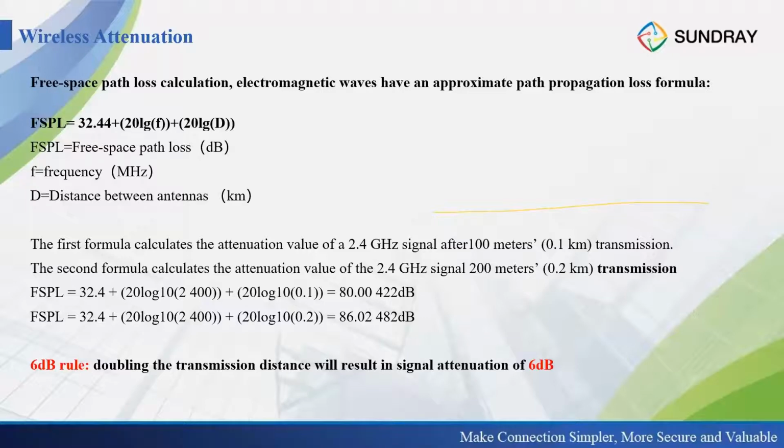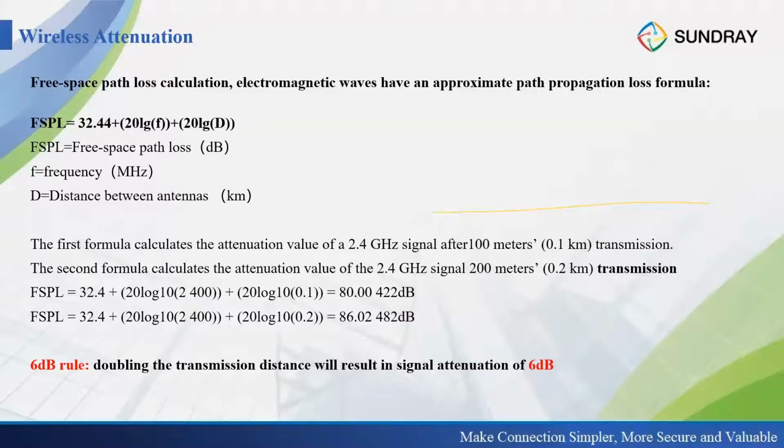If we double the transmission distance, the loss increases by 6 dB. It's just like before, when you have one AP whose transmit power is 20 dBm, and after it transfers 100 meters, that's good for use. Right now you have a client 200 meters away from you, so you need to change this AP to one with a bigger transmit power.